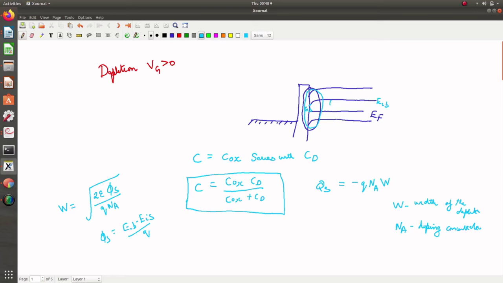This difference is phi S, mathematically given by EiB minus EiS by Q. And it is evident that when depletion happens, the effective capacitance is decreasing from the capacitance which it had at equilibrium.